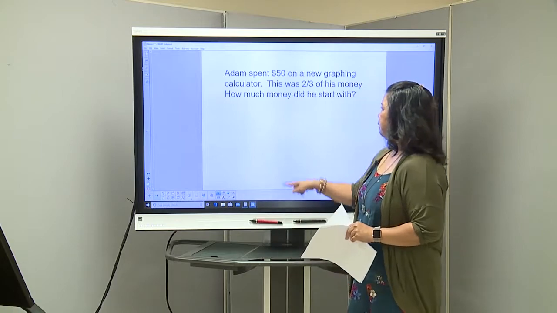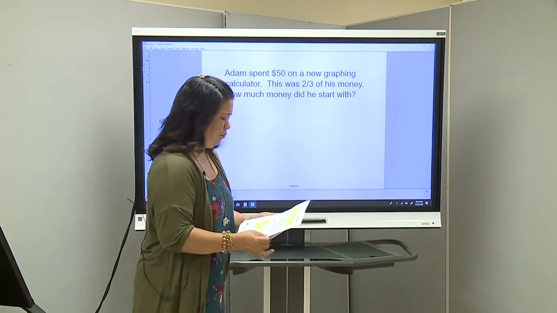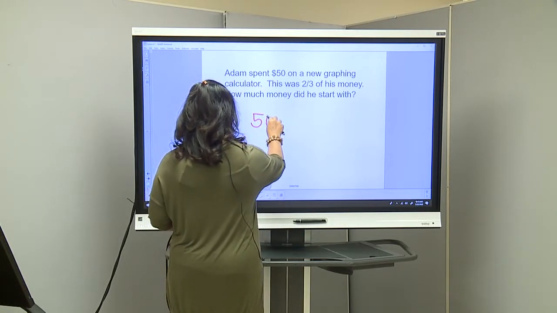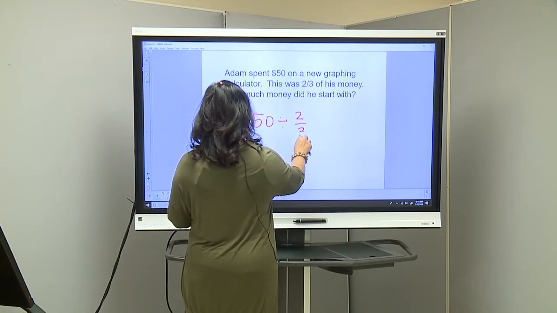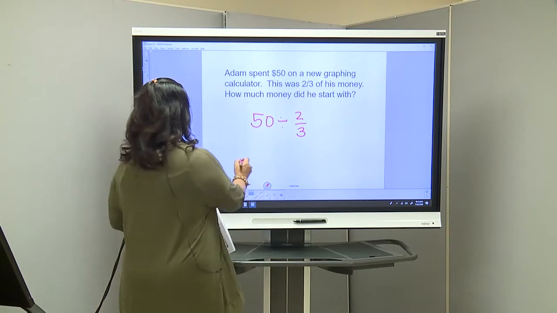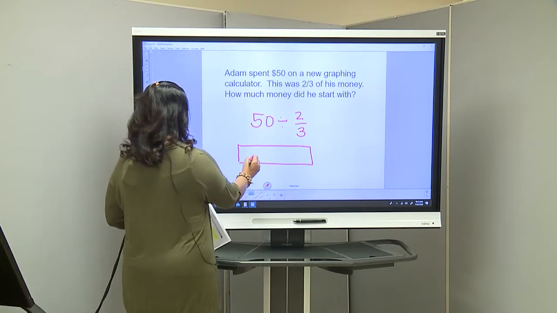So let's begin. Here is an example of the expression 50 divided by 2/3. So remember our model. Let me just rewrite here on this page.